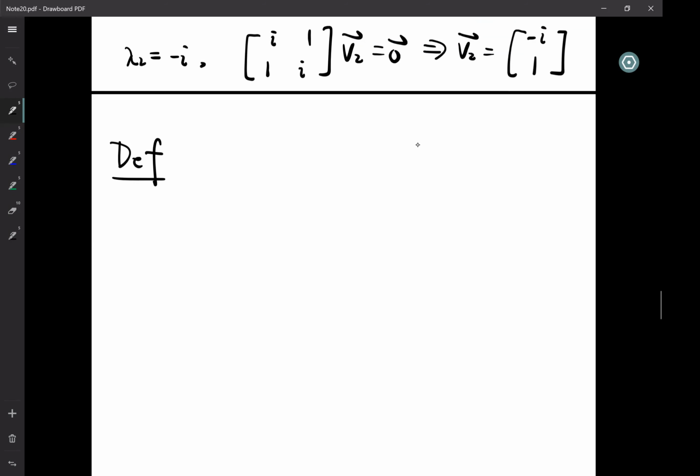But nonetheless, we can talk about general n by n matrices. You give me a matrix A, which is of size n by n.